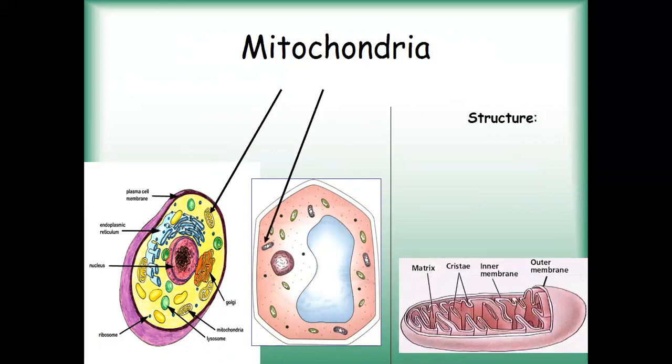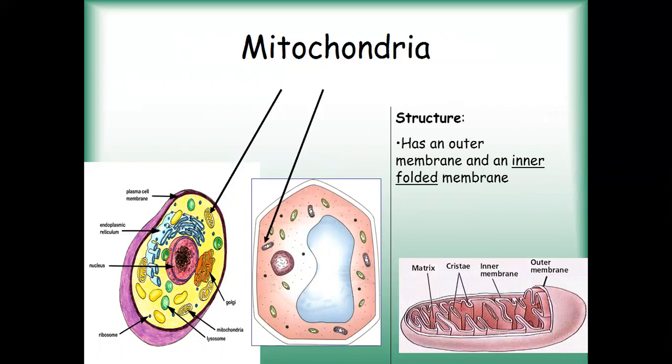Our next organelle is mitochondria. Mitochondria is known as the powerhouse of the cell. This small, rod-like, cylindrical structure which you see is mitochondria. This is a magnified view. It has two membranes, the outer membrane and the inner membrane.